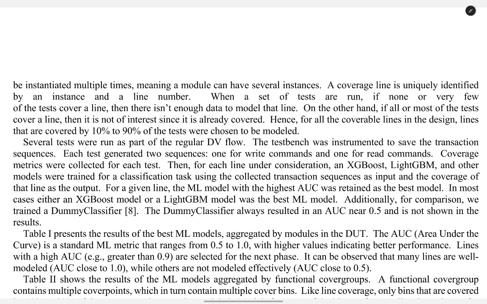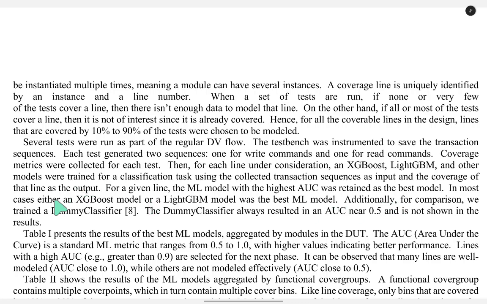Then for each line under consideration, XGBoost, LightGBM and other models were trained for the classification task, using the collected transition sequences as input and the coverage of that line as output. For a given line, the ML model with the highest AUC was retained as the best model. In these cases, either the XGBoost model or the LightGBM model was the best ML model.